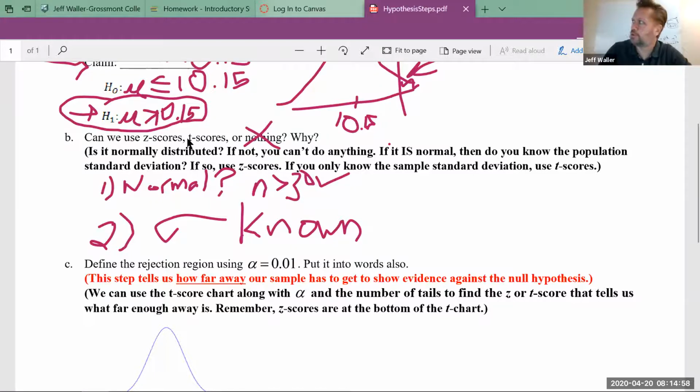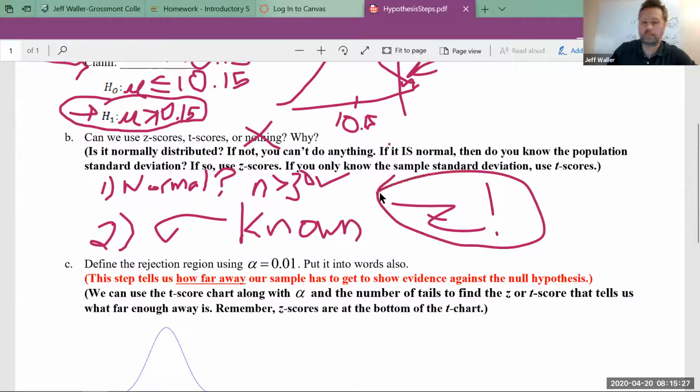Do I use Z or T? Why were T-scores invented? They were invented for when I don't know the population standard deviation. I do know it, so do I have to use T-scores? Nope. I am allowed to use, pretend that says Z.